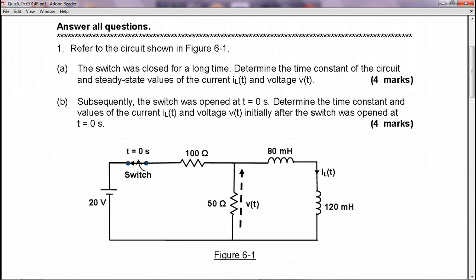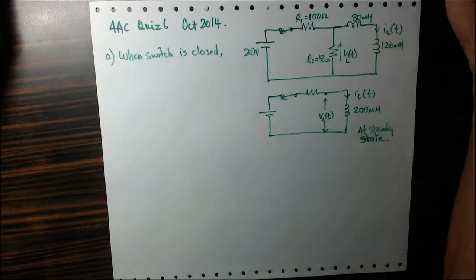Subsequently the switch is opened, and we want to determine the new time constant and calculate the values of the current IL and the voltage VL initially. Initially means immediately after the switch is opened. Okay, let's see how we can handle this type of question.